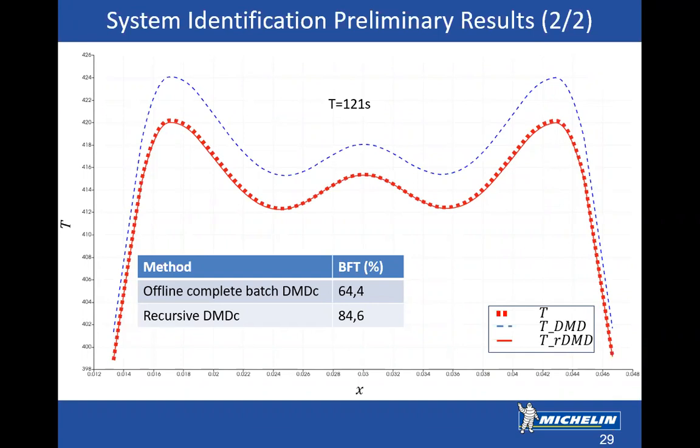So the offline complete batch DMDC has suffered more, and the best fit is now 64%. Meanwhile, the recursive DMDC is still good enough. It's 84.6, especially directly after this step. And this goes back to the forgetting, where we concentrate on the most recent data. And by that, the introduced method has worked very accurately on our case for the PhD subject.